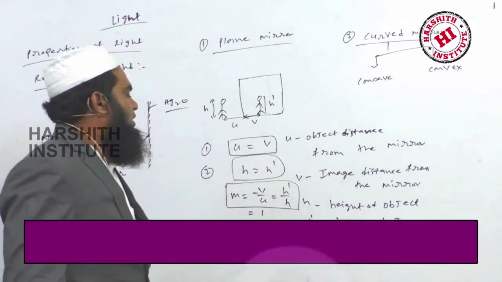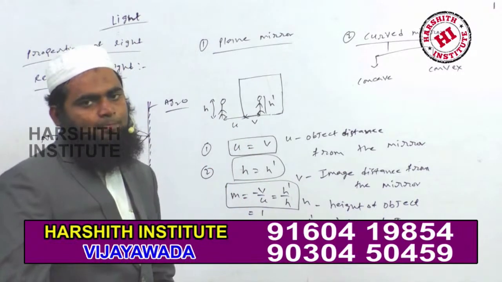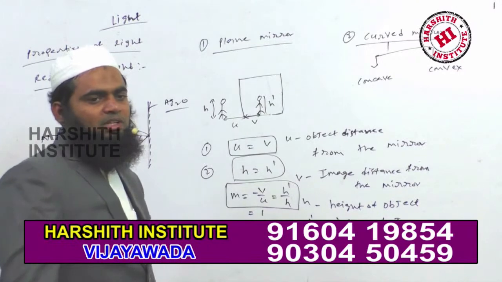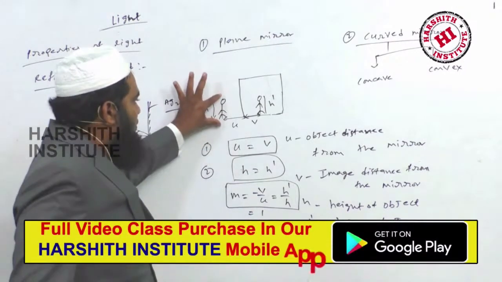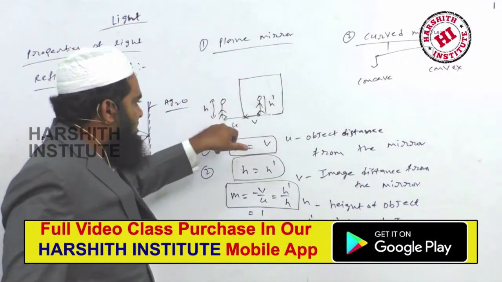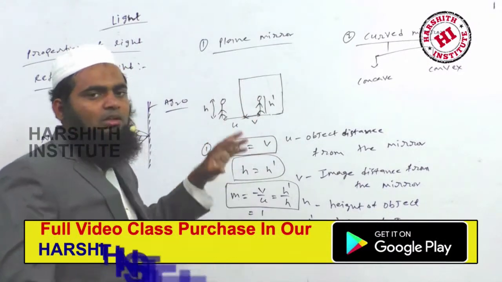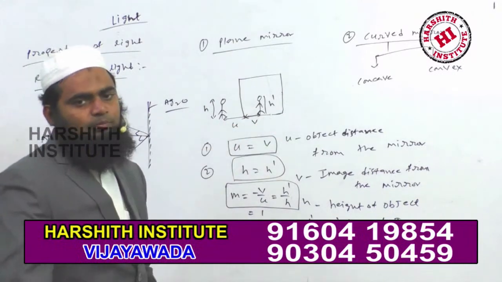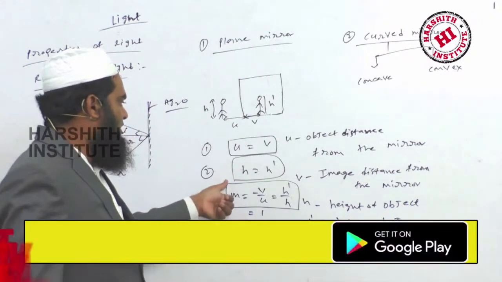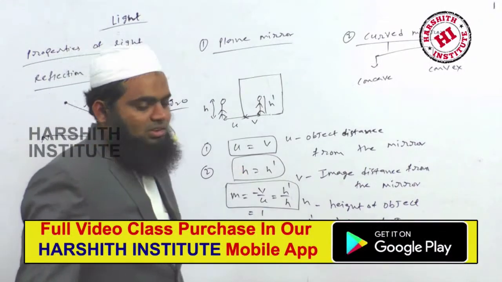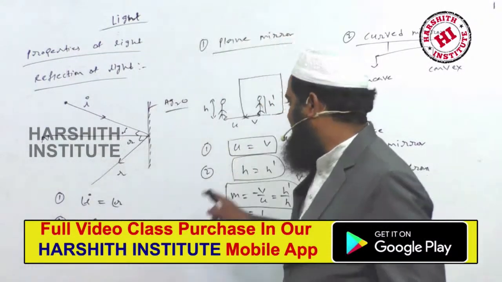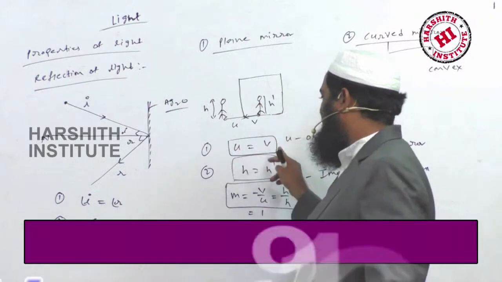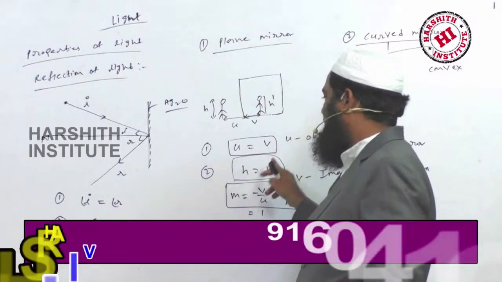So in a plane mirror, the height of the image and the height of the object are the same, and the distance of the object and the distance of the image are the same. U equal to V, H dash equal to H. These are the two conditions for a plane mirror.